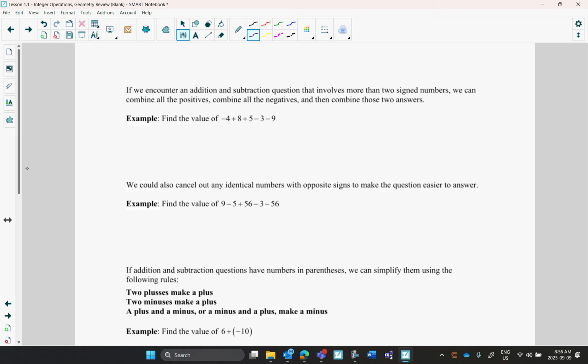Yeah, another way to look at it is put all the negatives together. We get -4 and -3 and -9, which is -16. Put all the positives together, +8 and +5, which is +13. Then add those two together. Or in other words, 16 minus 13, but there's more negatives. So your answer would be -3.